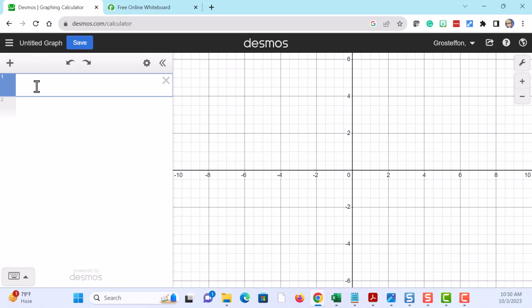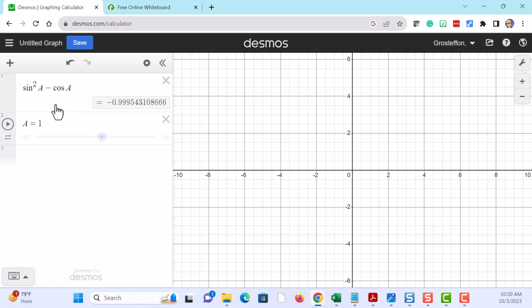The first thing we'll do is enter the expression. We want sine squared of alpha, and instead of using alpha, I'm going to use the letter A for alpha, minus the cosine of alpha, and again I'm using the letter A for that. Once I type in the expression, it gives me the option to add a slider. I'm going to go ahead and do that, and I want my A values to range from 0 degrees to 360 degrees.